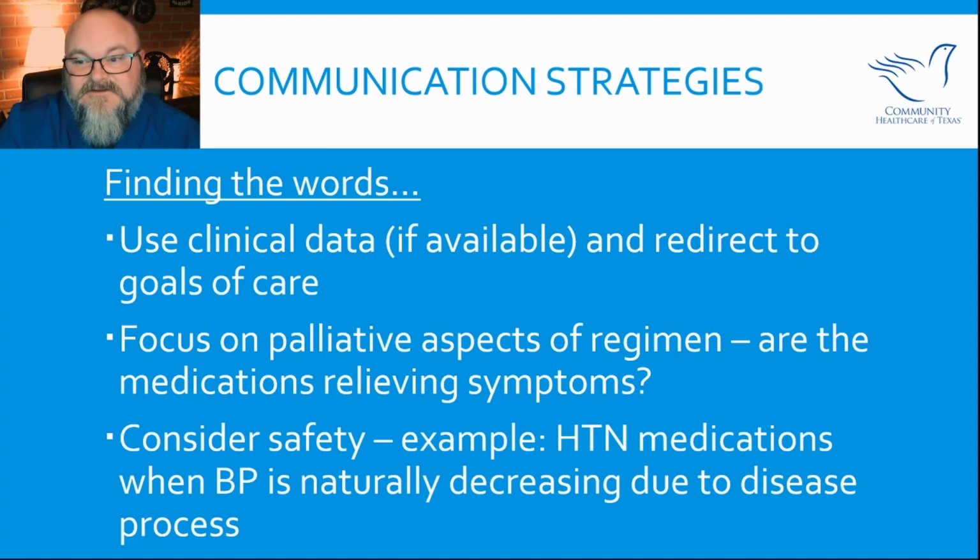And then finally, consider safety. So a good example of this is with hypertension medications. As folks decline and get closer to death, one of the natural processes is that blood pressure may actually start to decline and fall and drop. So if that patient is still being given their hypertension medications, what are we doing? Well, we're driving that blood pressure even further down.